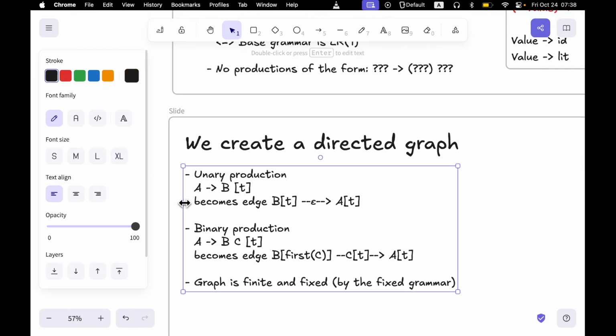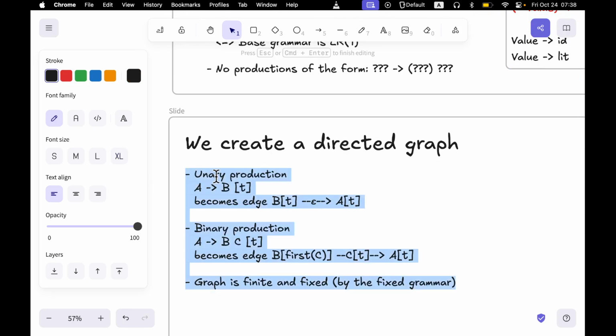Okay, so for unary production A, because A produces B with the lookahead of T, well, you can always add this for every terminal symbol. This production rule becomes this. So B with the lookahead of T, maybe we could call this a state later on when we need to use this.